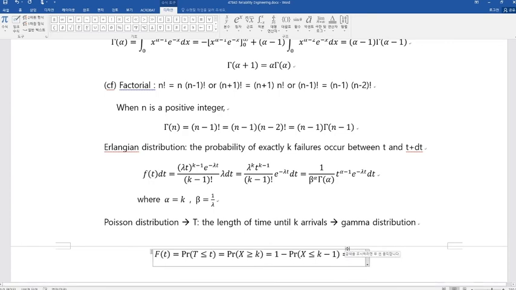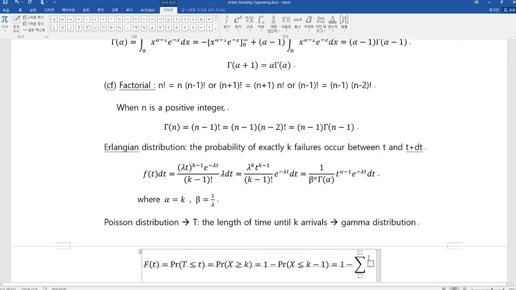So this would be 1 minus the sum, where x indicates the number of arrivals, from x equals 0 until k minus 1.